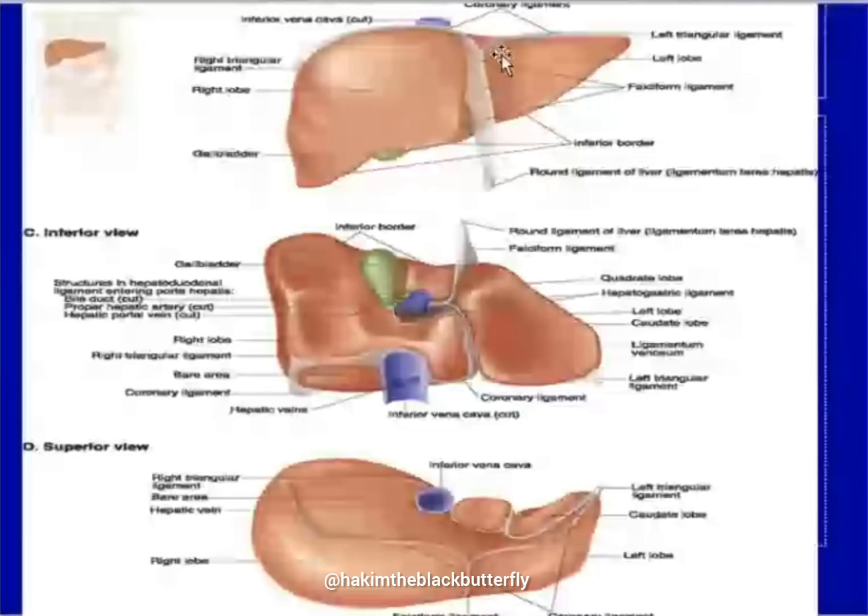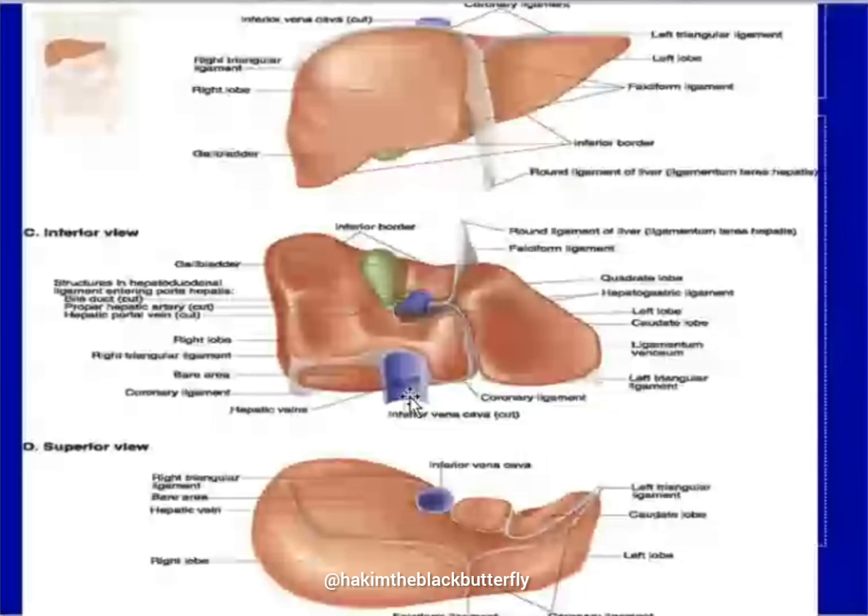So here we are seeing that the peritoneum peels off from the liver to form the coronary ligaments. The same applies here. Peritoneum has peeled off from the liver to form the coronary ligaments. It means that this upper surface is not lined by the outer serous layer of the peritoneum. So this upper surface is only lined by Glisson's capsule.